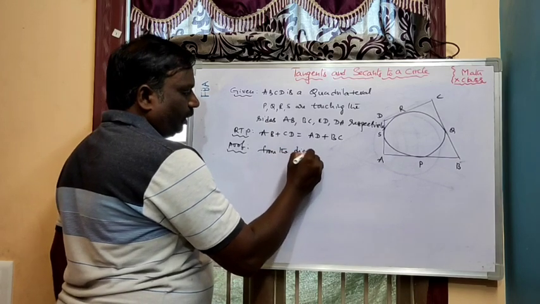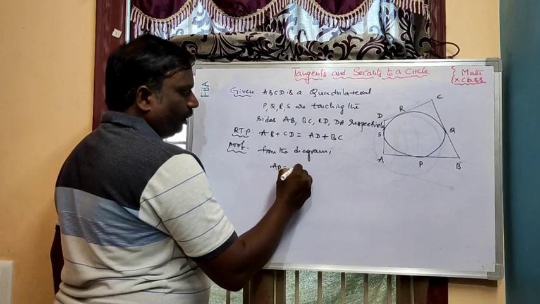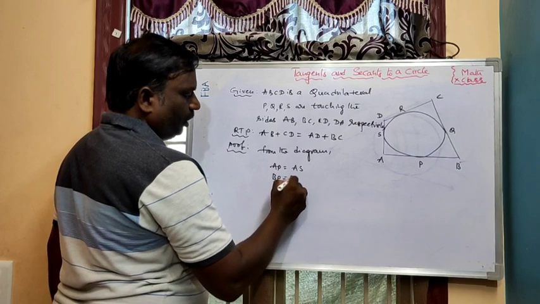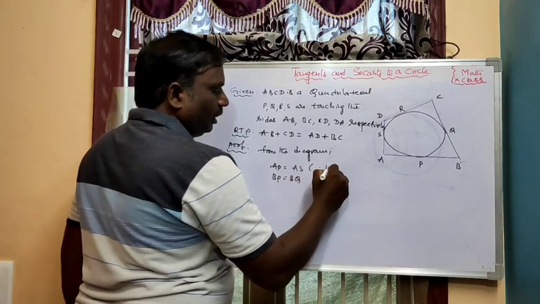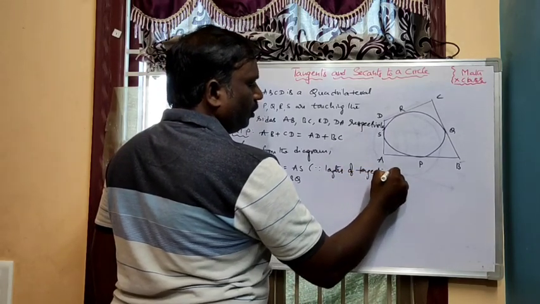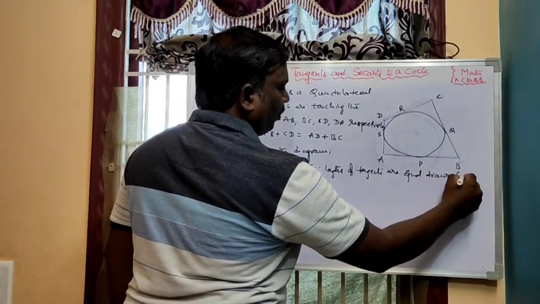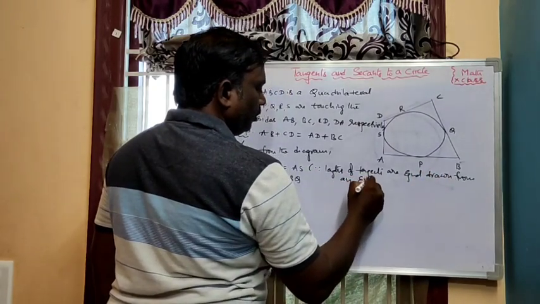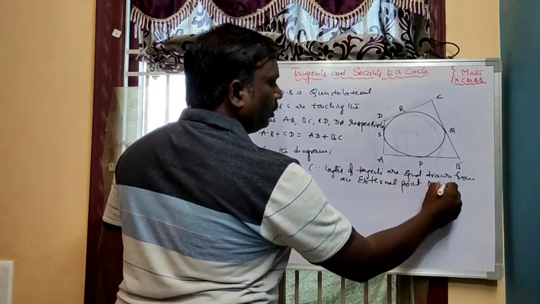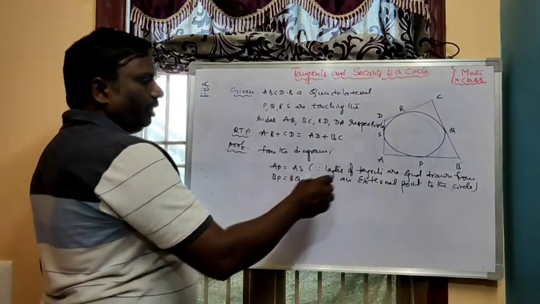From the diagram, AP equals AS and BP equals BQ. Why? Because lengths of tangents drawn from an external point to the circle are equal.